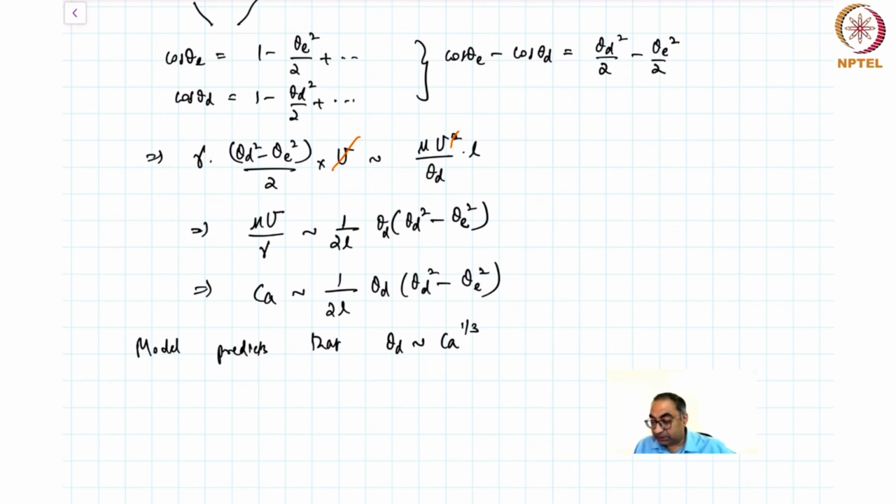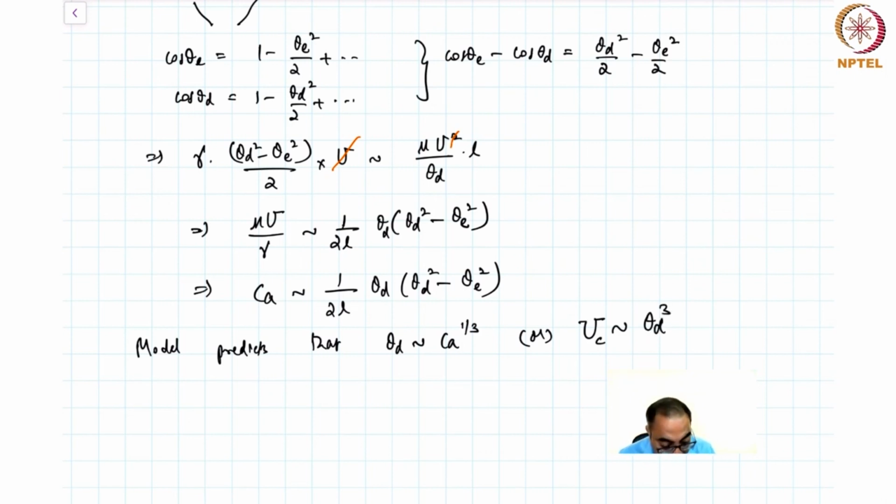So if I ask what is the relationship between theta d and the capillary number, that turns out to be theta d cube, or in other words, the velocity of the contact line, which we called u, I'll call it uc, that again goes like theta d cube, right?